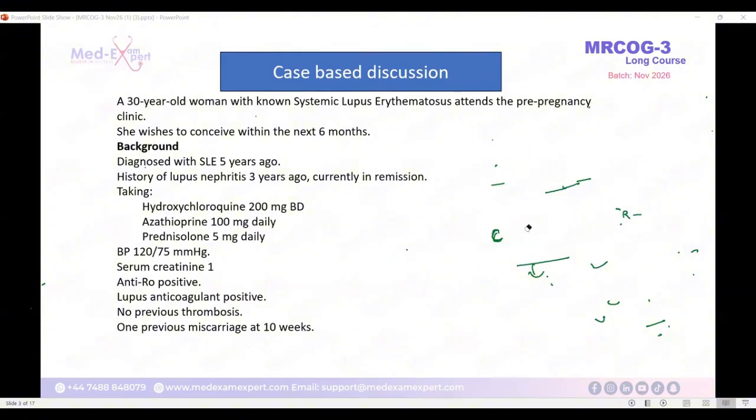Okay. So now, let's start with our first case. Is there any volunteer who wants to do this case? It will be a structured discussion. Dr. Aparna has raised the hand. Okay, Dr. Aparna, you can go ahead. I will give you a brief idea that it is a structured discussion.